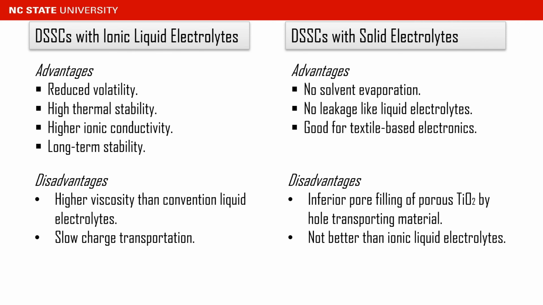Now, dye-sensitized solar cells with solid electrolytes. The advantages of solid electrolytes are no solvent evaporation, no leakage like liquid electrolytes, and suitability for textile based electronics. The disadvantages are inferior pore filling of porous titanium oxide by the hole transporting material in this case, and it is not better than ionic liquid electrolytes.